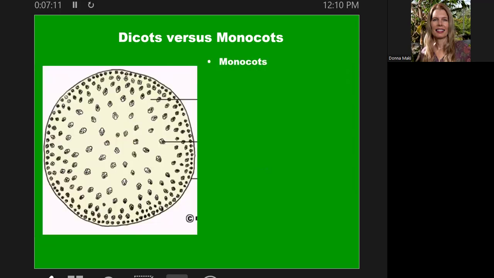They are very different because you're going to see an epidermal layer. The very outside surface is called the epidermis. And then you see all those scattered vascular bundles. And there is no vascular cambium. Nowhere in here is there vascular cambium.